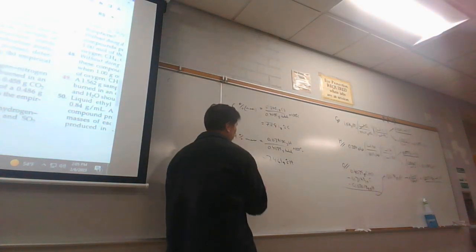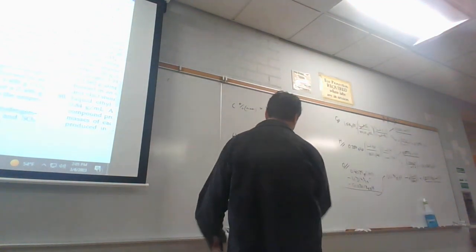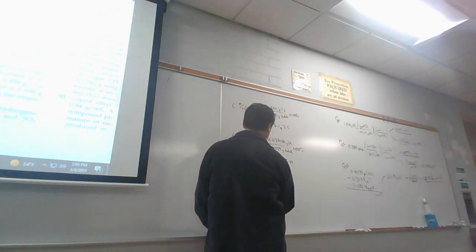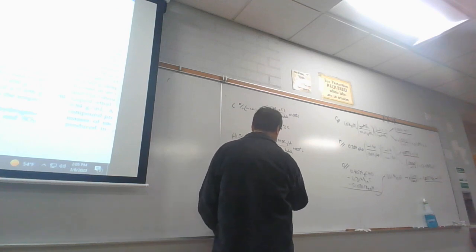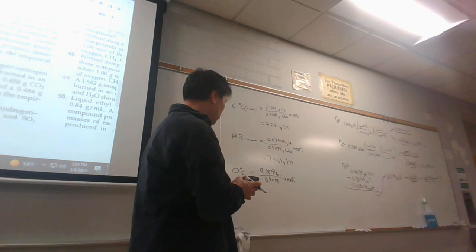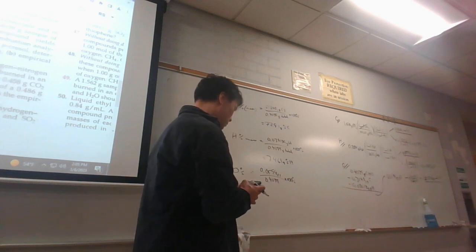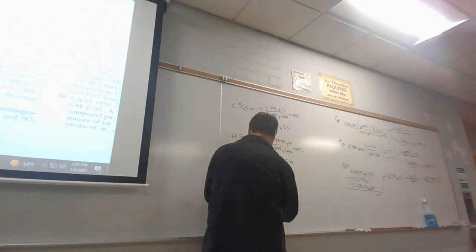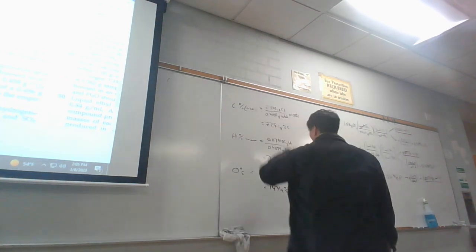And then finally the oxygen percent mass is 0.059451 divided by 0.4039 times 100%, which is 14.719% oxygen.